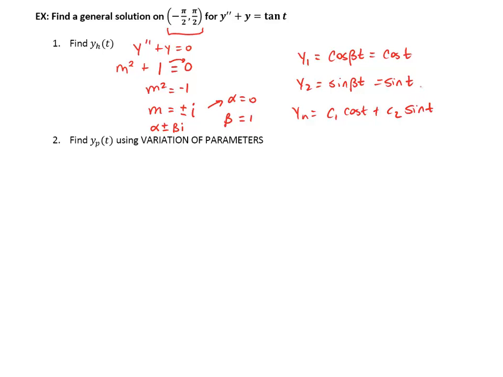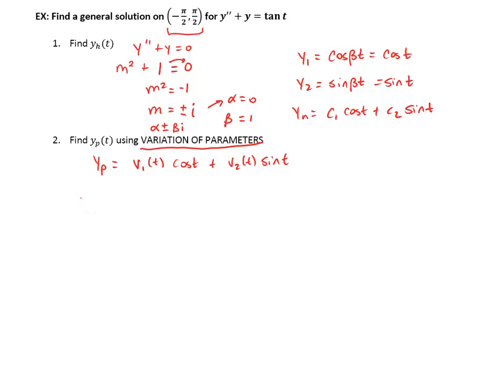Now what we want to do is find a particular solution that looks like some function of t times cosine of t plus some other function of t times sine of t. That's what variation of parameters assumes, and we're going to try to find v1 and v2.